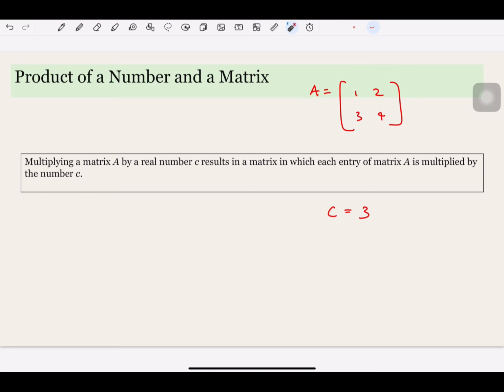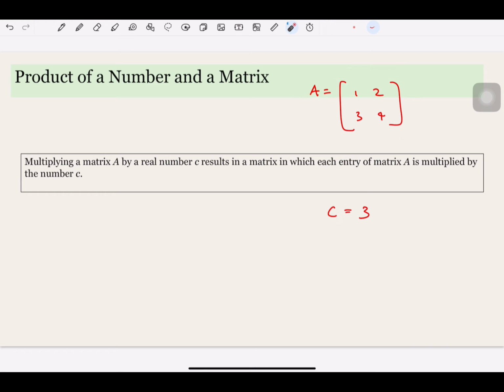To multiply matrix A by C, you have to multiply every single element in matrix A by this constant C.